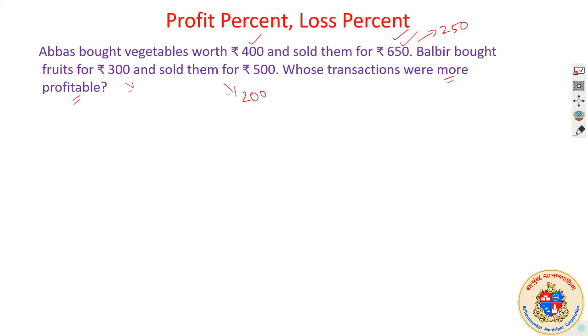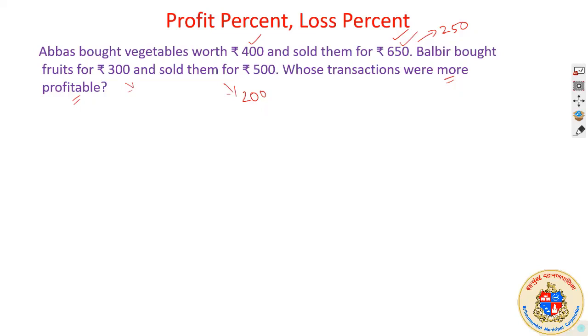So at a look, Balbir has got 200 and Abbas has 250. But the question is, whose business is better? Whose transactions were more profitable? For that we should compare, if both had invested the same amount, like 100 rupees, who could perform better? There comes the importance of percentage.